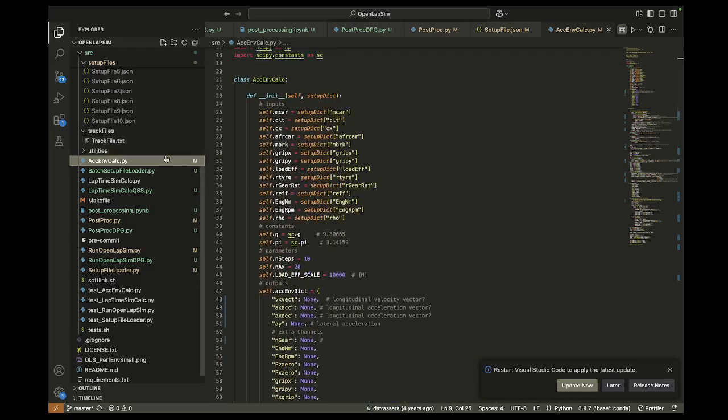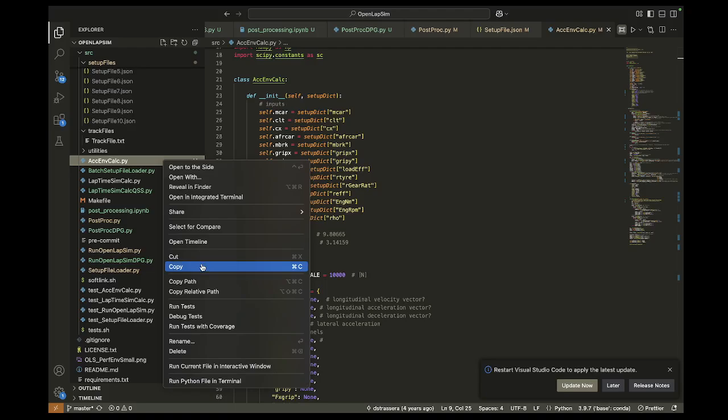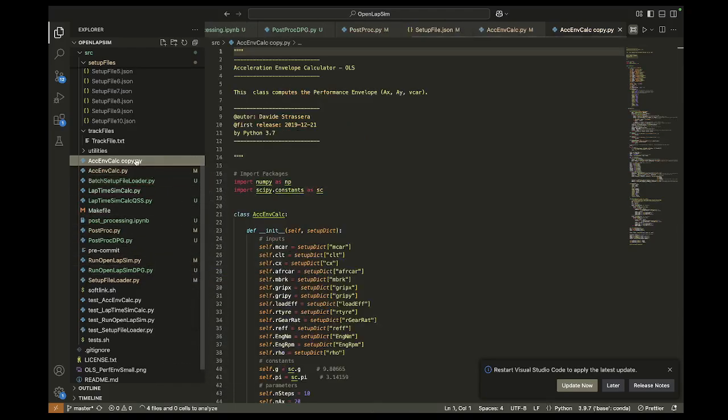We're going to make a copy of this, paste it and call it bicycle model.